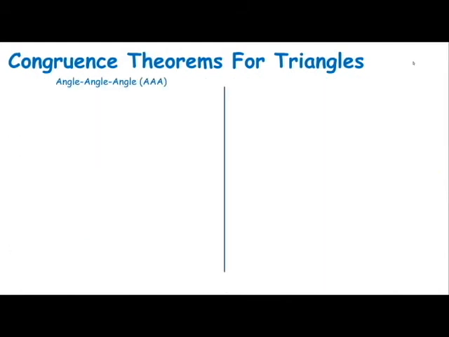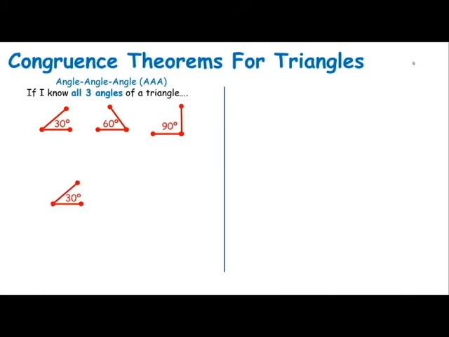People often ask me about the angle-angle-angle theorem. In other words, if I know all three angles of a triangle, maybe I've got a 30, a 60, and a 90. People say, well, if two triangles have all the angles the same, does that make them congruent? Well, let's see. Here's a 30, here's a 90, and here's a 60. You can see that that forms a triangle.